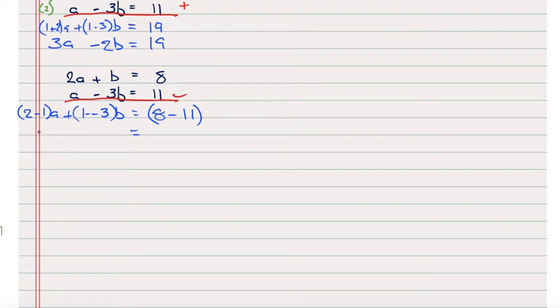So we'll have 2 minus 1, that's a, plus 4b equals 8 take 3, so that's -3. So once again, notice that we still have two unknowns, and we still have down here two unknowns. So what are we going to do?